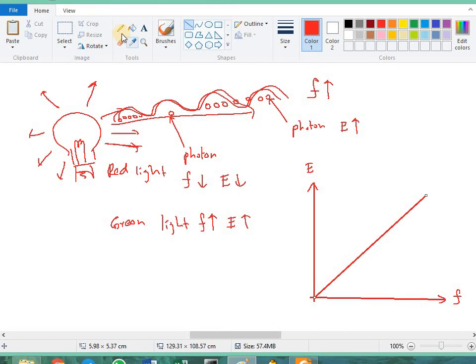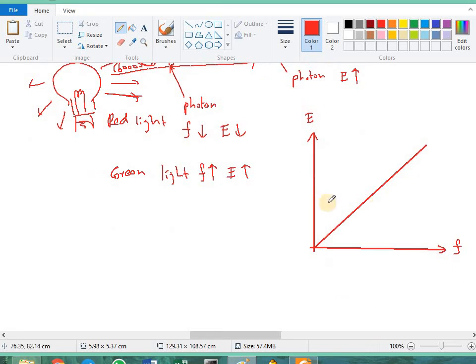From this graph, it's very logical because if the frequency is zero, that means the particles are not oscillating, so they are not able to release electromagnetic radiation. If it cannot release electromagnetic radiation, there is no photon, so the energy is zero. So the higher the frequency of the oscillation, the higher the energy.